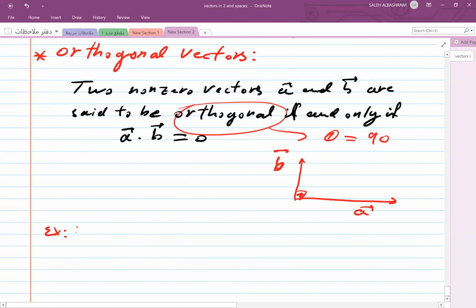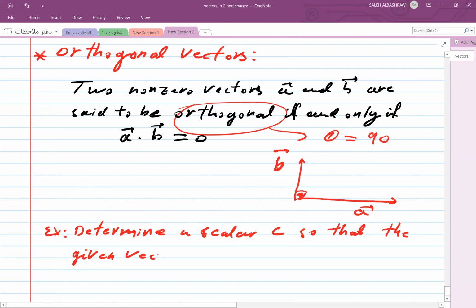Find scalar c so that the given vectors are orthogonal.